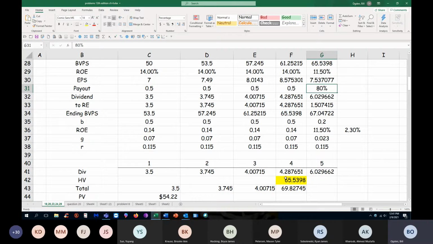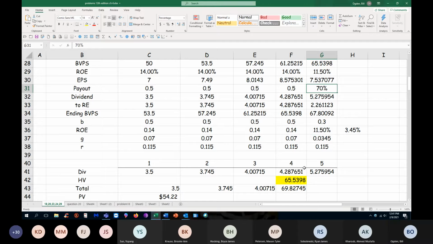Now notice this yellow number, the horizon value. That is not changing, is it? So how does the payout ratio, let's go back to the question, and the growth rate for year 5, it doesn't depend on those at all.